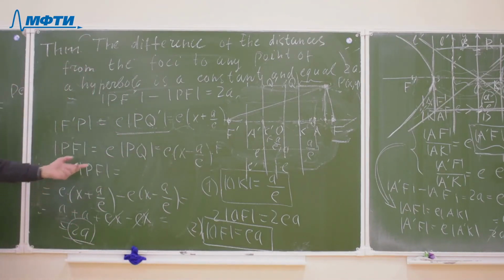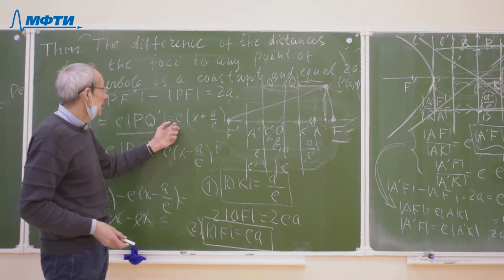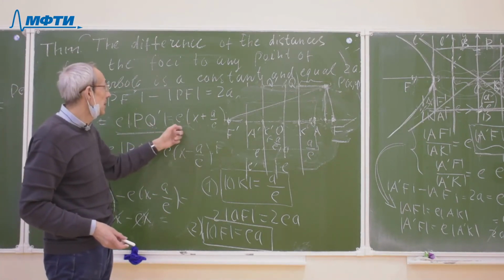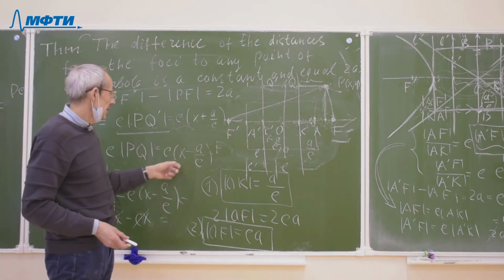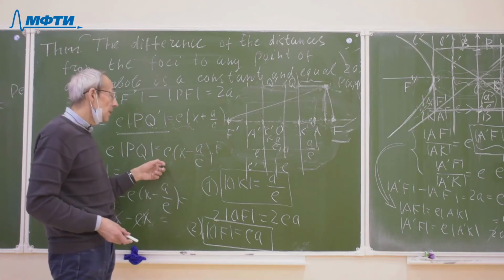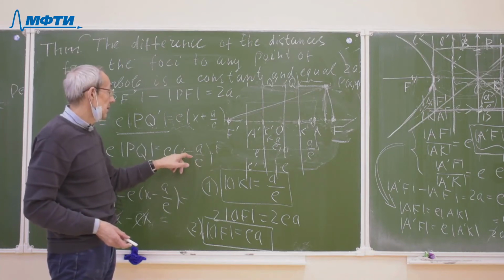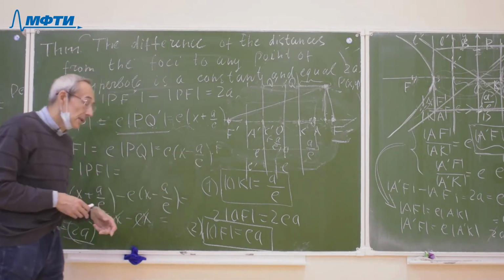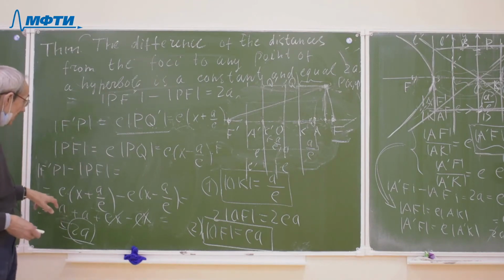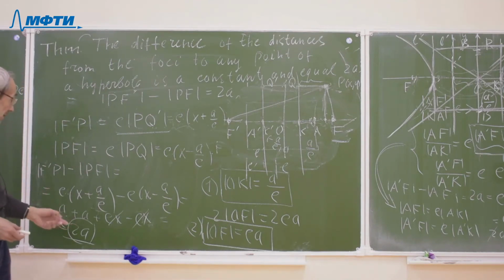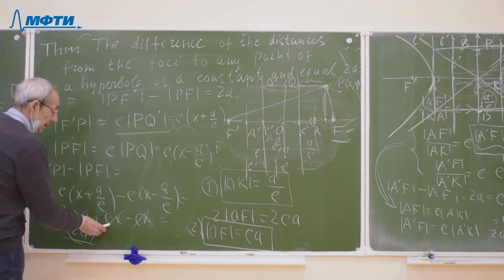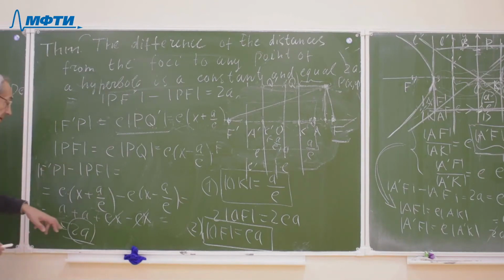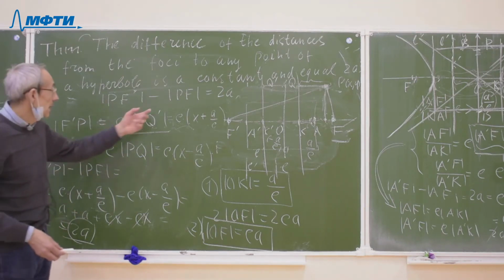If I multiply E by this expression, I obtain E x plus A. And in this case, multiplying E by x minus A over E, I have E x minus A. After subtraction, E x and minus E x cancel one another, and I obtain A plus A, which is equal to 2A.